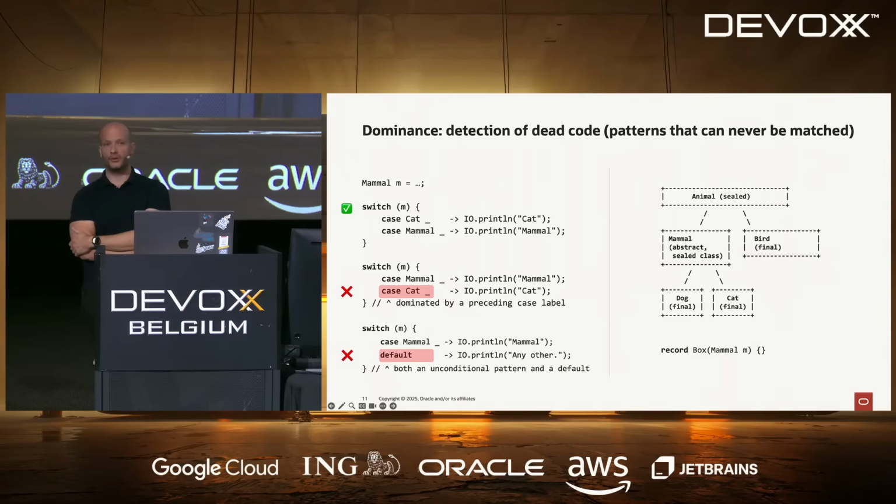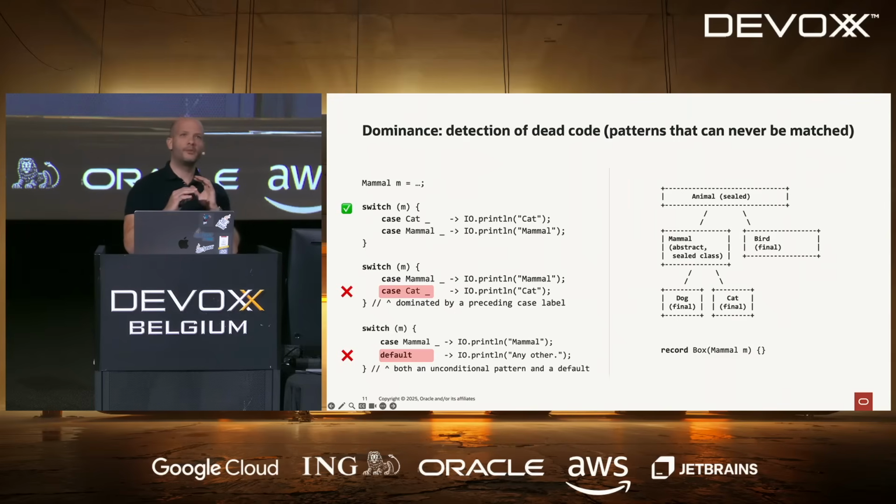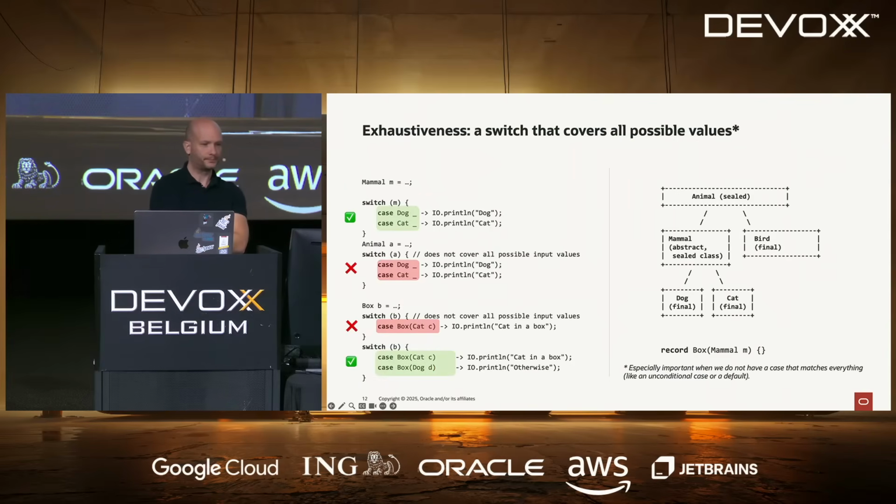So you already see that there is some certain form of delegation in the typing rules here. Like, if you have a relation about types and unconditionality and patterns, and you can reason about something here, something else can reuse that as well. Dominance reuses this concept as well.